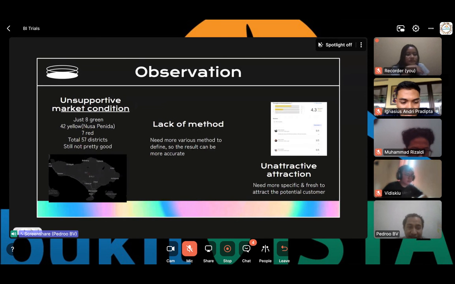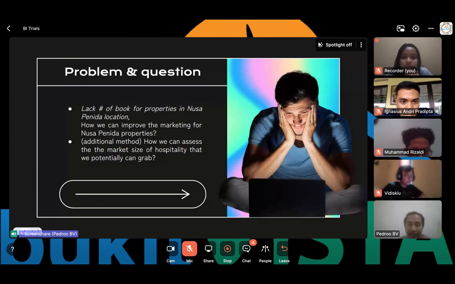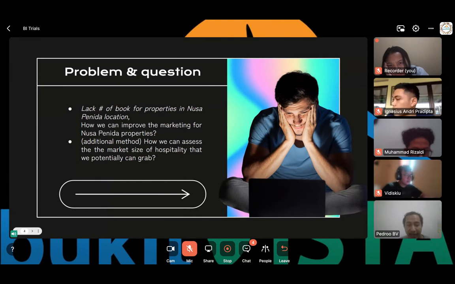Okay, so I go with two problems or questions. First one is the number of bookings for properties in Nusa Penida location, with the question: how can we improve the marketing for Nusa Penida properties. And the second one is an additional method for how we can assess the market size of hospitality that we potentially can grab.